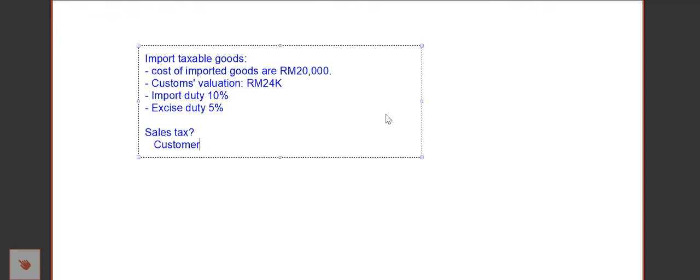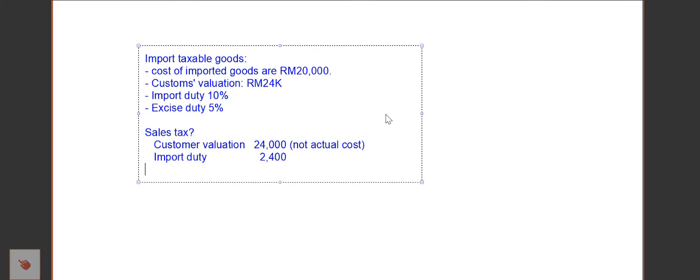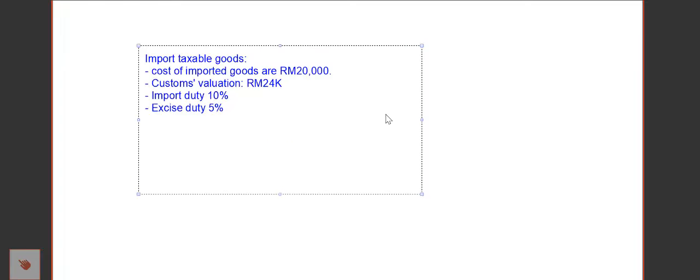Now you're gonna apply custom valuation, which is 24,000 and not your actual cost. Okay, I know the cost is 20,000, but for purpose of sales tax you have to use the customs valuation. Now the import duty is 2,400 and the excise duty, which is 5%, is 1,200.